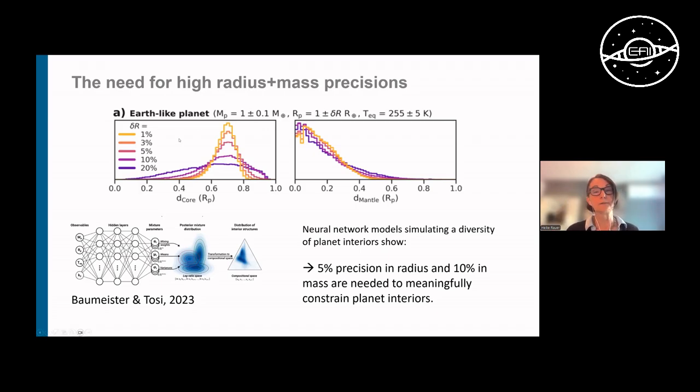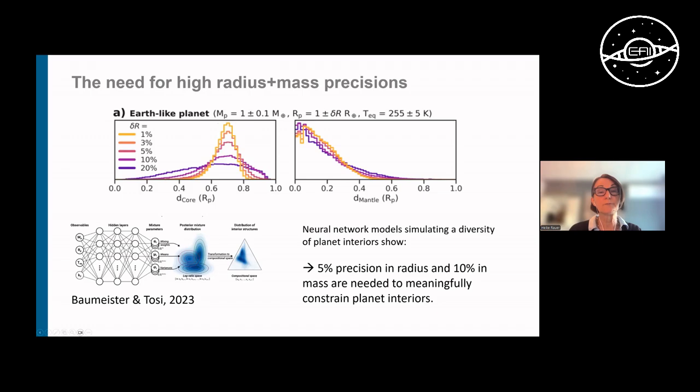What has been varied here, and is coded in the color graph, is the uncertainty of the radius. I assume I have a 1 Earth mass planet, and I measure the radius with certain measurement uncertainties. And you can see here that with 20% radius uncertainty, we can't say anything about the size of the core and the mantle in this planet.